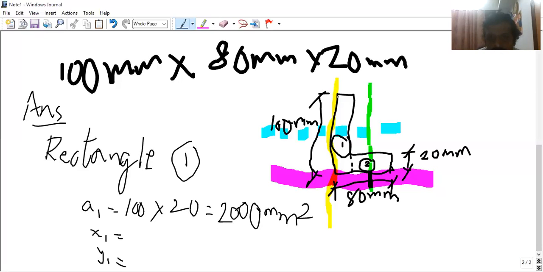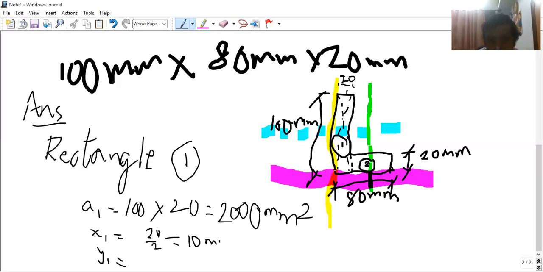When I split it like this, for this particular rectangle the center line is at half of this 20, so x1 is 20 by 2, which is 10 mm.